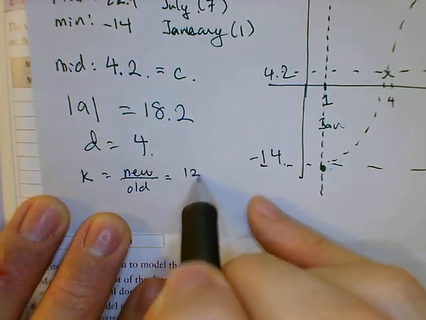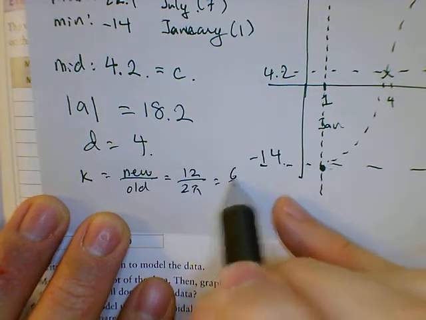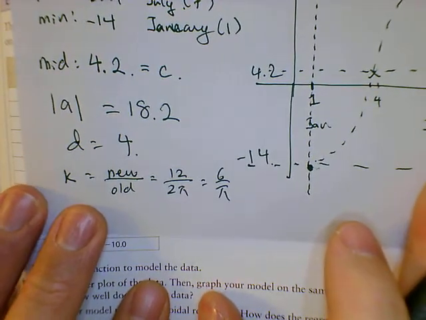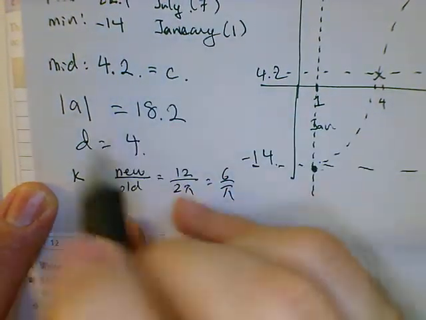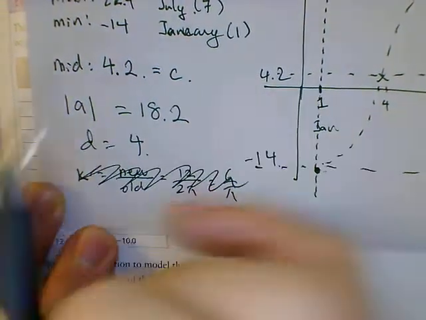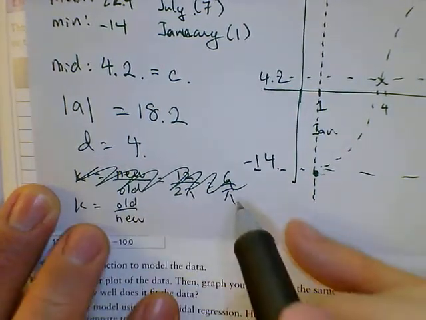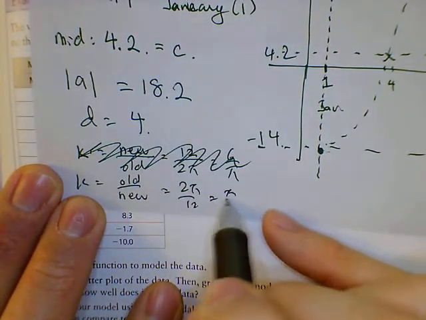The new is 12, my old is 2 pi. Oh, wait, sorry. K is going to be old over new, based on our formula. That would be 2 pi over 12, which is pi over 6.